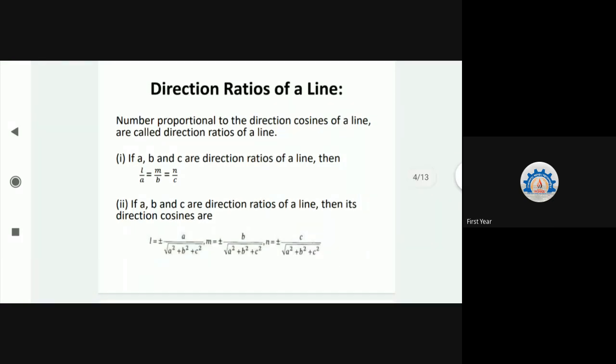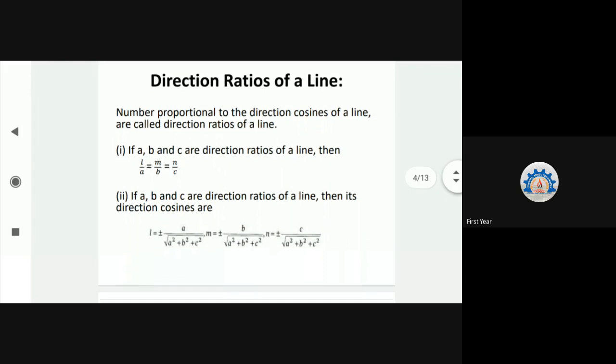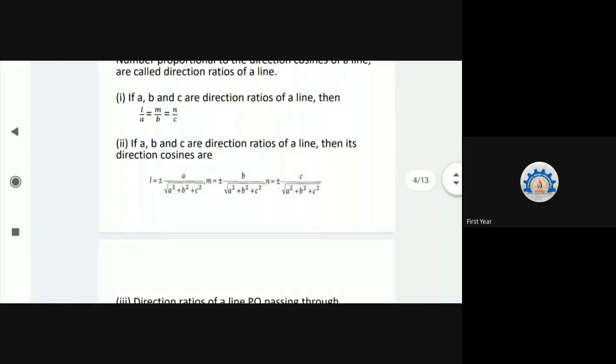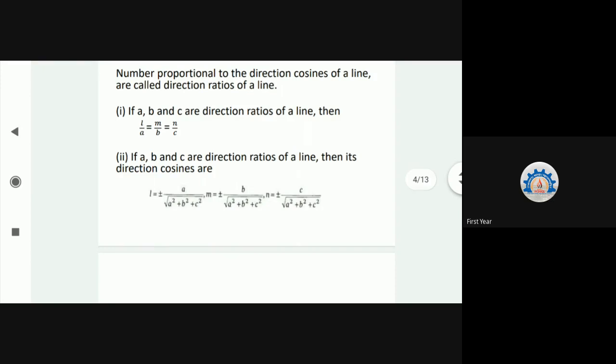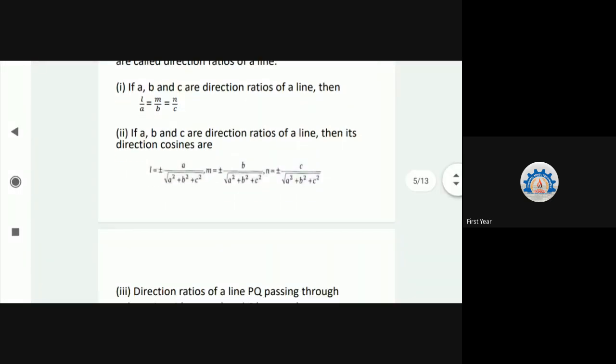Suppose A, B, and C are direction ratios of a line, then L upon A is equal to M upon B is equal to N upon C. Here L, M, N are direction cosines of the line, and A, B, C are the direction ratios. If A, B, C are direction ratios of a line, then L is equal to A upon root of A square plus B square plus C square, M is equal to B upon root of A square plus B square plus C square, and N is equal to C upon root of A square plus B square plus C square.